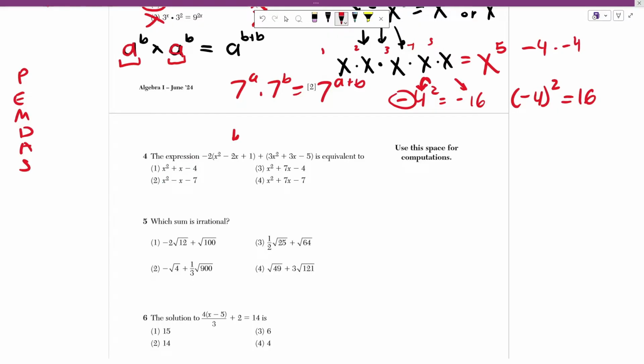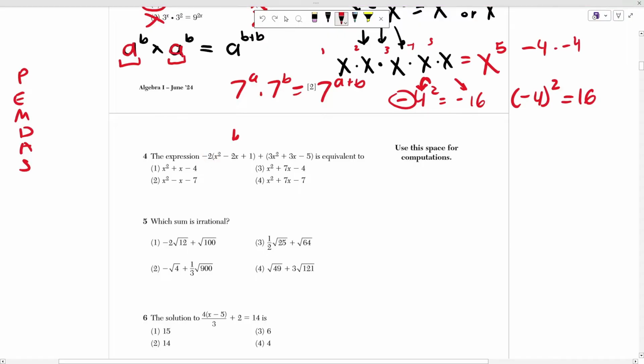Usually when I have variables and parentheses, I have a number outside of the parentheses. In order to get rid of this parenthesis, all I need to do is multiply this outside number by everything that's inside of it. I know that may sound confusing, but it's really easy. All you have to do is just draw an arrow. What's -2 times x squared? Well, that's -2x squared, okay?